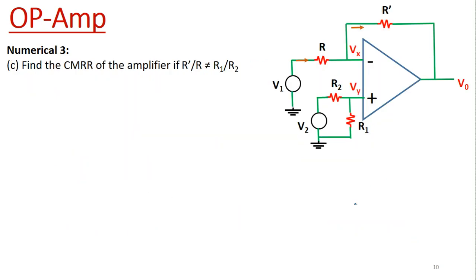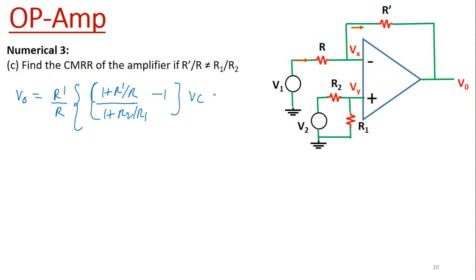We have one equation of output voltage. We have already found out that V0 is equal to R dash by R whole multiplied by 1 plus R dash by R divided by 1 plus R2 by R1 minus 1 into Vc plus half into 1 plus R dash by R divided by 1 plus R2 by R1 plus 1 into Vd, bracket.